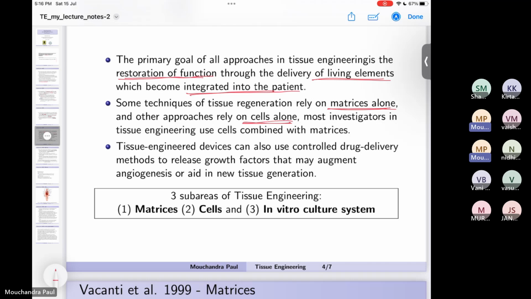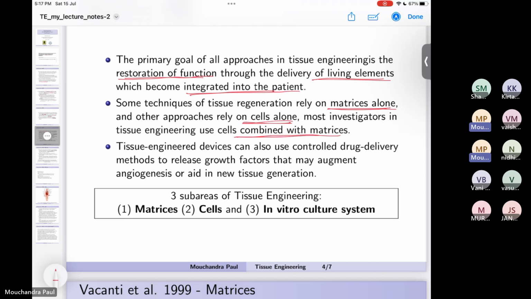So this biological function is there in these kinds of matrices. And as I already said, you can combine these two, and nanoparticles, etc., and make a tissue engineered product whose job is to restore the function of damaged tissue or damaged organ.